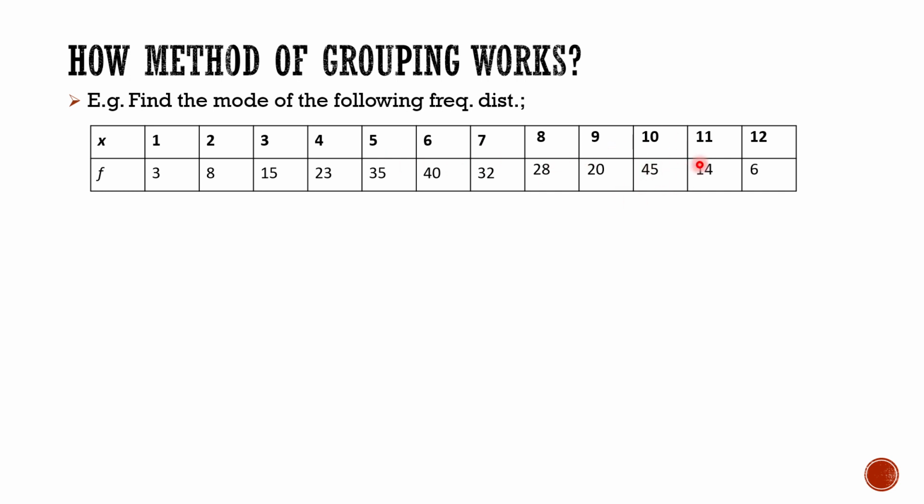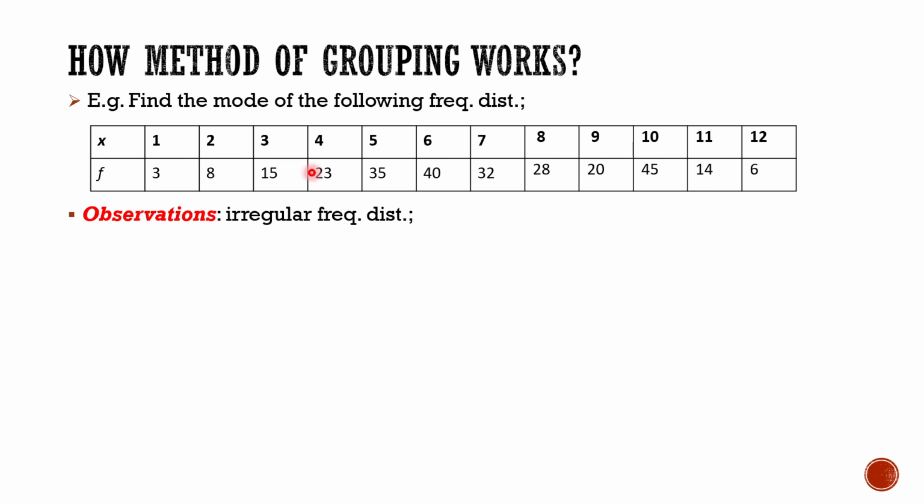So if we go with the simple identification of the mode, that is the most frequently occurring value, here the mode should be 10. But we can observe that this frequency distribution is irregular.